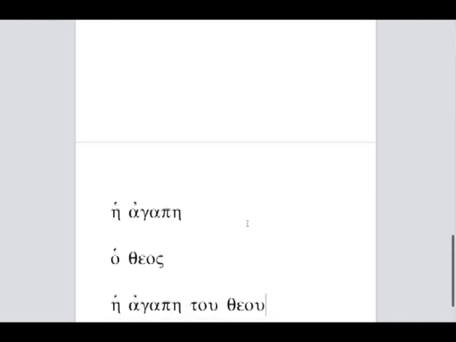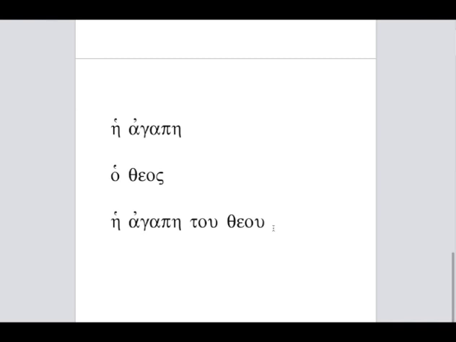Now there's another way that I want us to understand how the genitive can function, and I'm going to use some terms. You don't want to get confused by the terms. It's not a big deal if you even memorize the terms, but you just need to know how the genitive functions different ways. So here's an example.